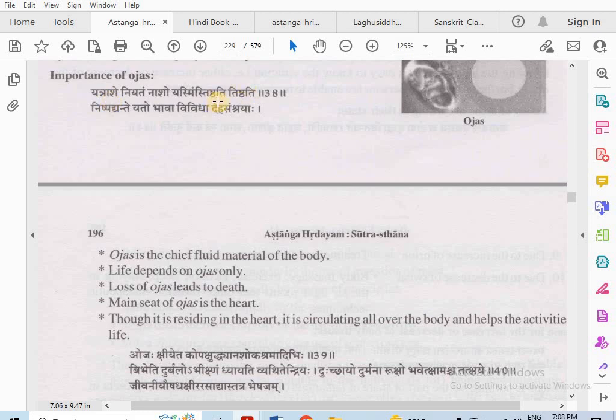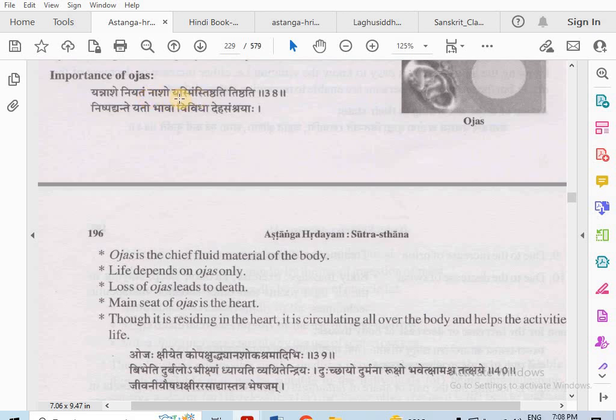Actually the meaning of tishta is staying, living, sitting. Right? So if the ojas is destroyed, nase, then niyatam, fixed. Nasa means the destruction of the body is fixed. Now these three words talk about the destruction of ojas meaning destruction of the body.